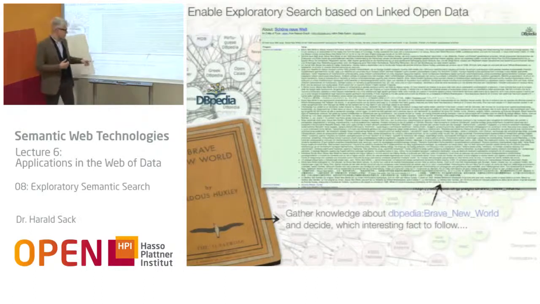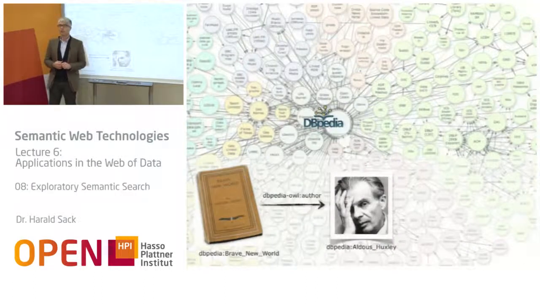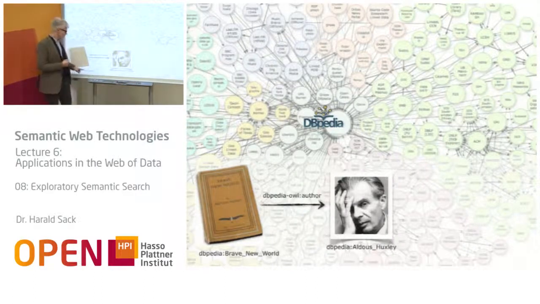So what would I do next in the DBpedia? Of course, it's quite easy for me to get from the Brave New World to its author, Aldous Huxley. And then I can find, for example, more subjects that are connected via the same relation to the author.